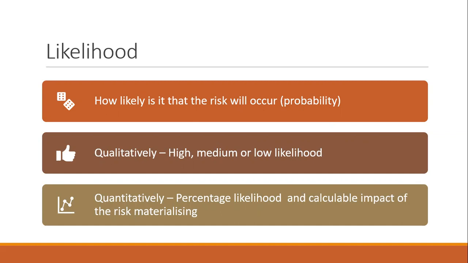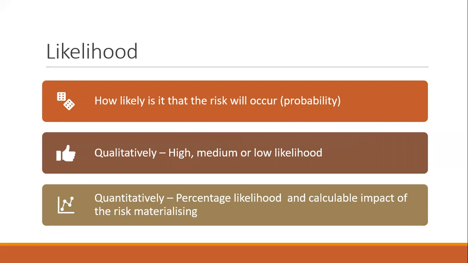We also consider the likelihood. How likely is it that the vulnerability will be exploited and that the risk will occur? So likelihood and probability mean the same thing. We can assess the likelihood and the probability qualitatively or quantitatively. When we're considering our qualitative risk assessment, we're taking a look at whether the risk is high, medium, or low.